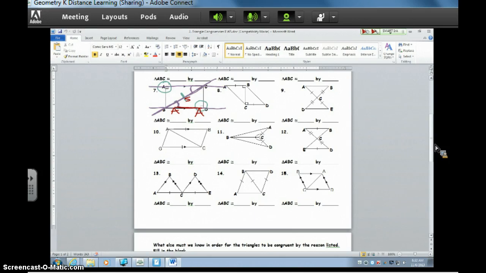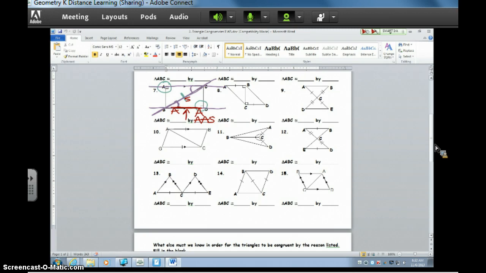Is that side included? And right there on that side, there's no tick mark. So this one is congruent by angle, angle, side. Because the side is not between the right angle and the arc. It's not between. So don't put the letter S between the letter A's. That one is angle, angle, side.